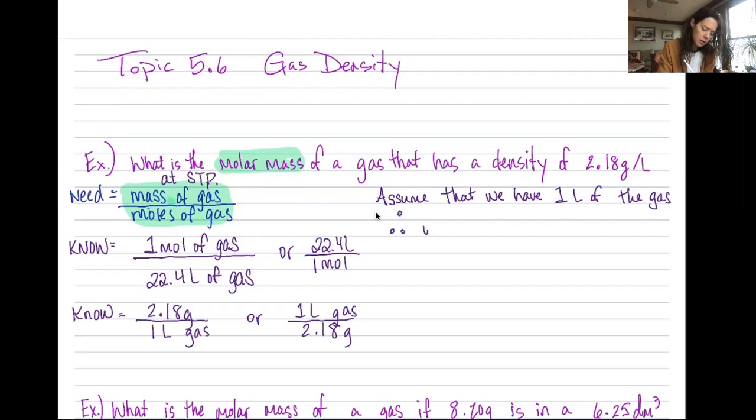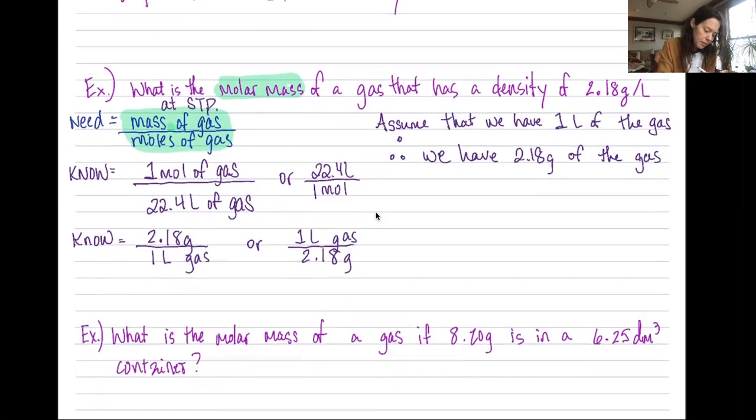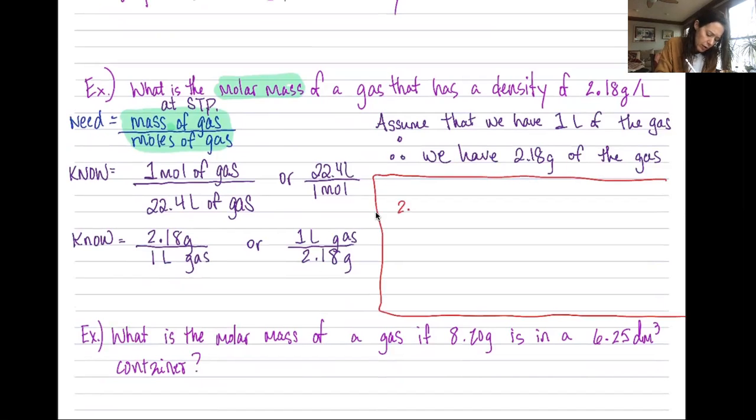Therefore, we have 2.18 grams of the gas. Let me write that out. We have 2.18 grams for every 1 liter.